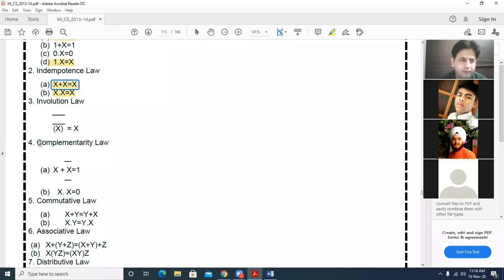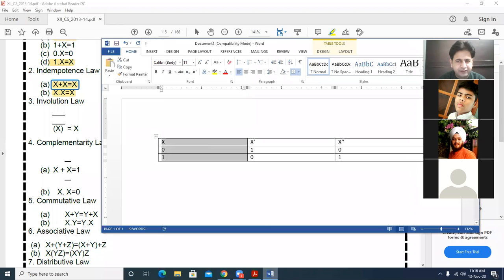Next is the complementary law. The complementary law indicates that if we take x or x naught, it is always equal to 1, and if we take x and x naught, it is always equal to 0. So look here, I take x, and here is again x.